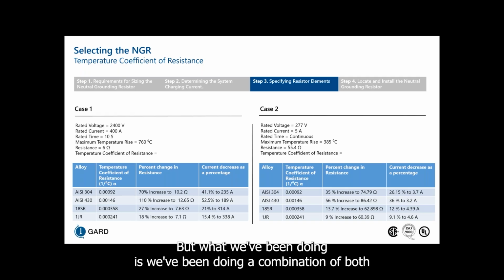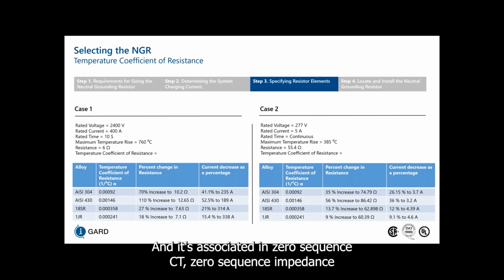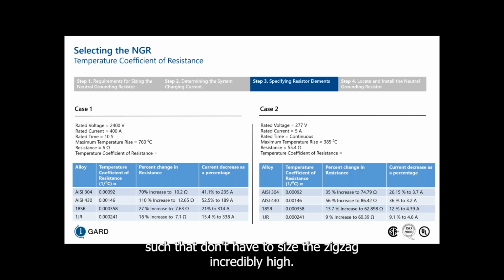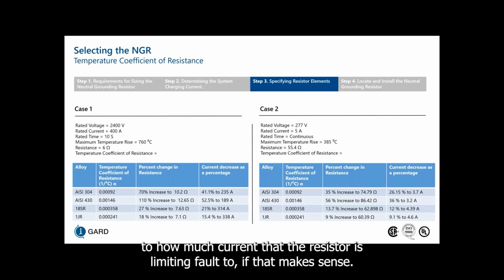But we've been doing a combination of both so that we can pair off our resistor's resistance, which is fixed, to the X over R ratio of the zigzag and its associated zero sequence impedance, such that we don't have to size the zigzag incredibly high. This allows us to control the kVA rating of the zigzag with respect to how much current the resistor is limiting the fault to, if that makes sense.